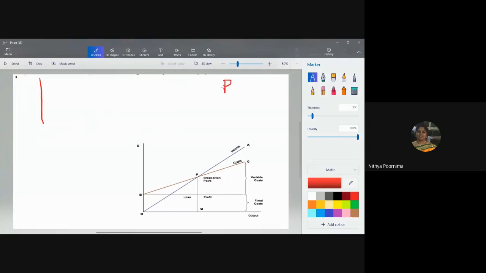In production cost, you have fixed cost, you have variable cost, you have total cost. Now for fixed cost, if you take a graph in which on one side you have the output or your production rate, and here you have cost per unit, your fixed cost will be represented by a straight line. So this is called your fixed cost. Is it clear, boys?